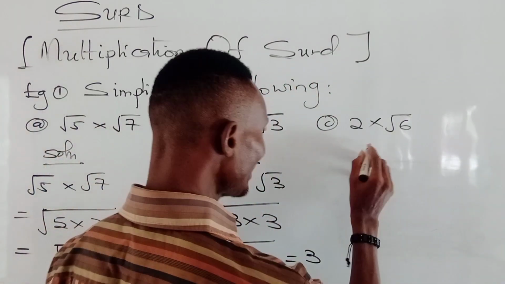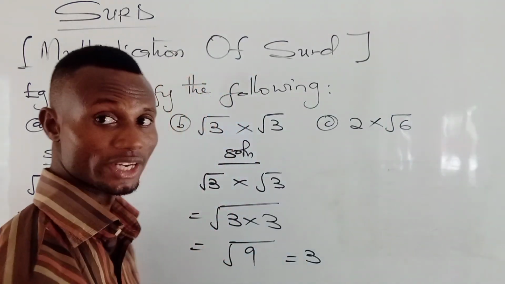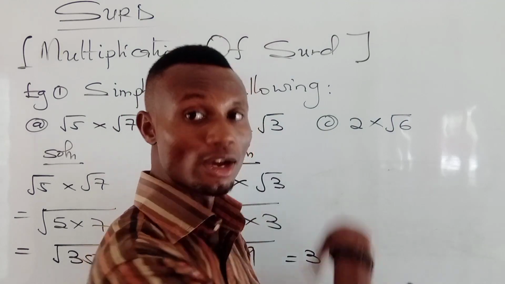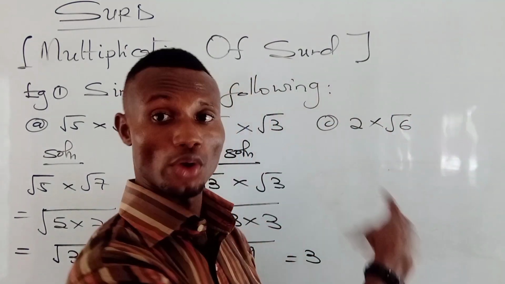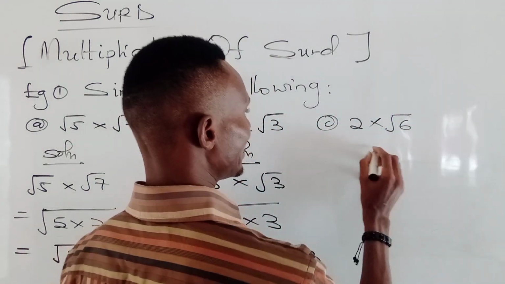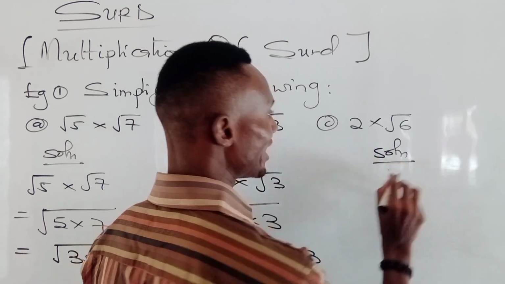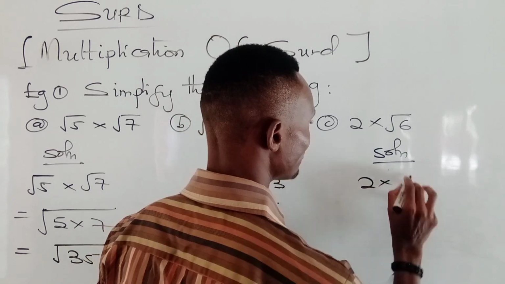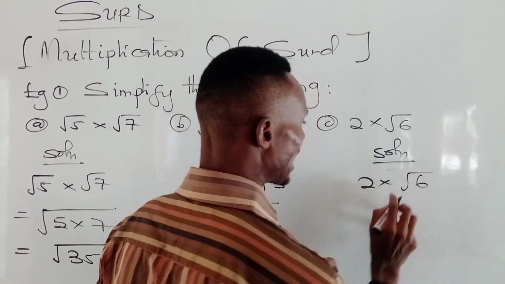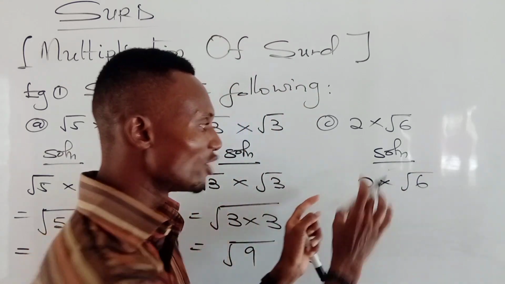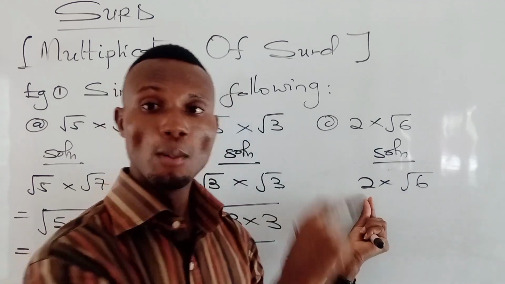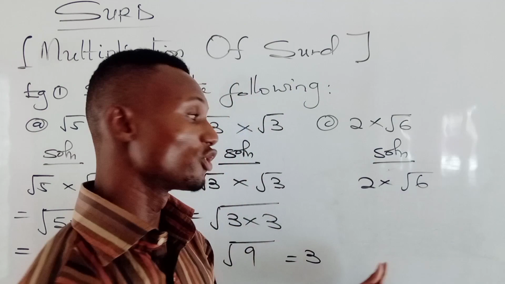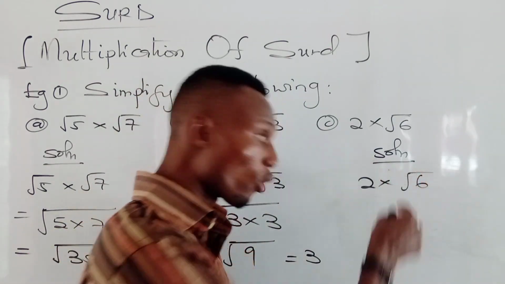So I have 2 times square root of 6. This one has a value which does not have a square root sign in it, multiplying a value which has a square root sign in it. We've already done this type in the previous videos. So I have 2 times root 6. Because this one does not have any square root sign attached to it, how it's going to multiply is that it's going to multiply the coefficient.